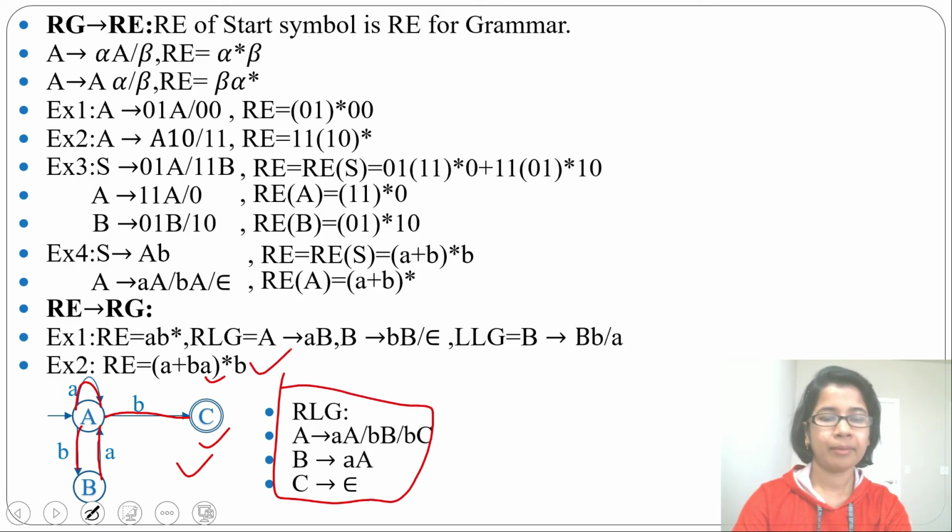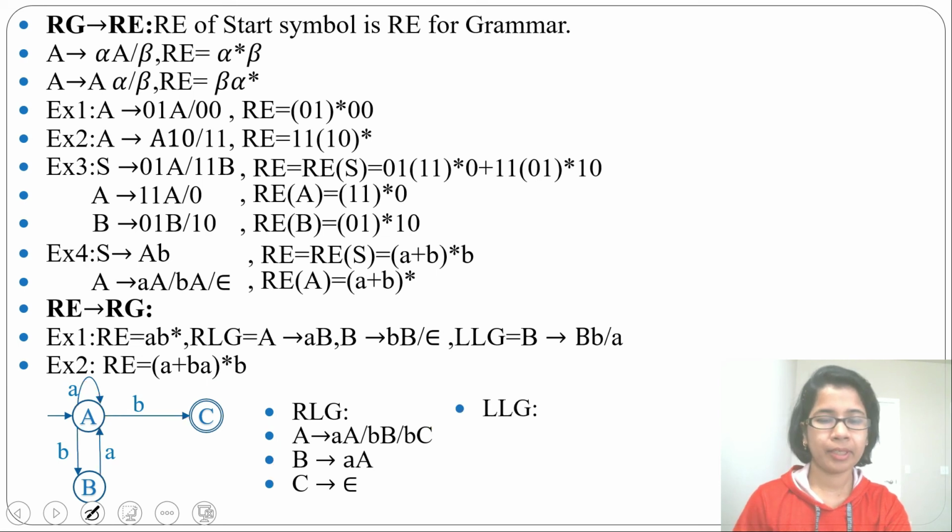Let's find the left linear grammar for this same regular expression. In case of left linear grammar, the final state will be the start symbol, so we'll start from C. For C, what are the in degrees? From A by b, we can reach C. So just write C tends to Ab. Next, we will do state B. For state B, what are the in degrees?